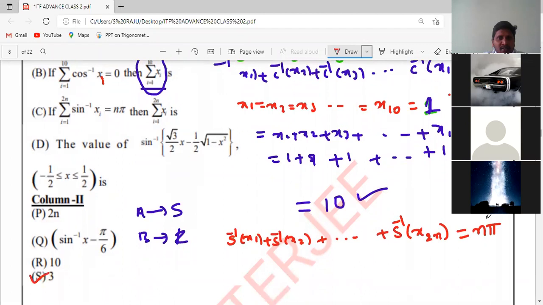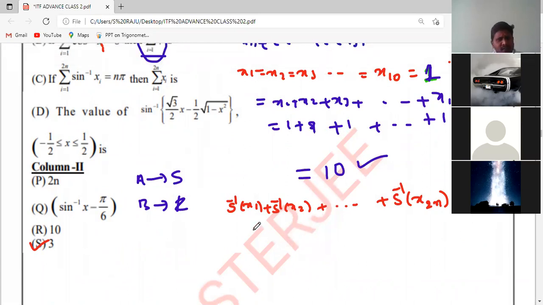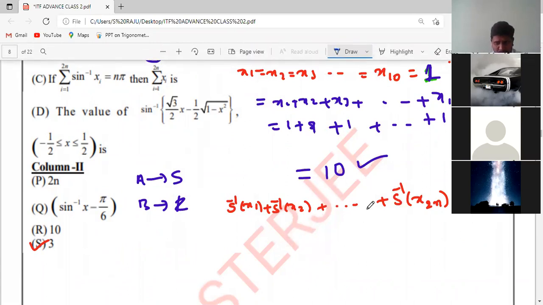It is a very logical and very easy question. See here, again, for what values of x1, x2, x3 and so on up to x2n will you get n pi?